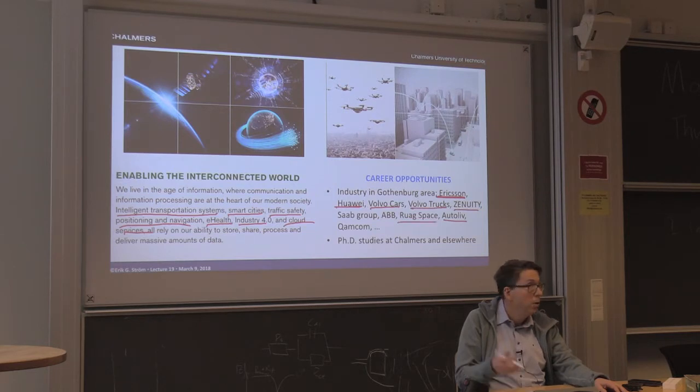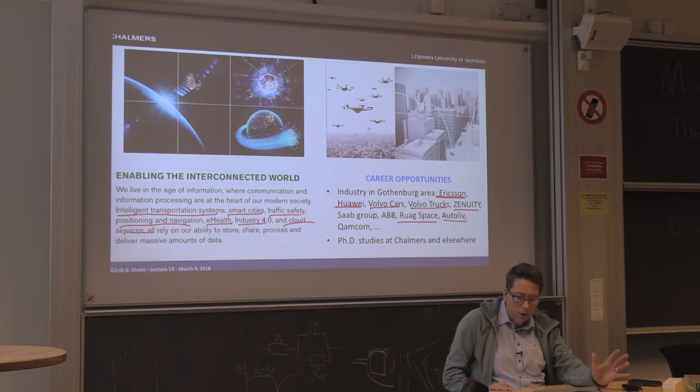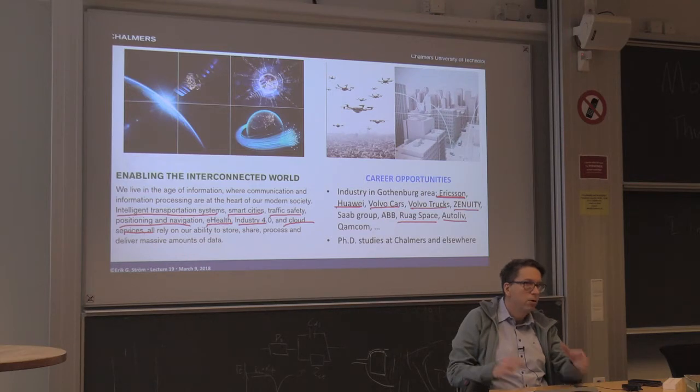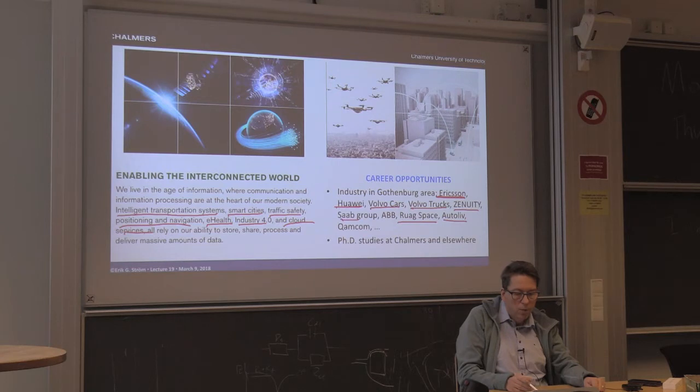Ruag Space, up there in, what's it called? I lost the name. You see a big rocket next to Road 40 on the way out to Landvetter. That's Ruag Space. Saab is next door to Ruag Space. They do defense stuff, radars mainly, but other things here also. ABB is process control. And then there's a bunch of smaller companies, and I just put down Camcom here because it's one of my former PhD students who started this company, which is now quite big actually.